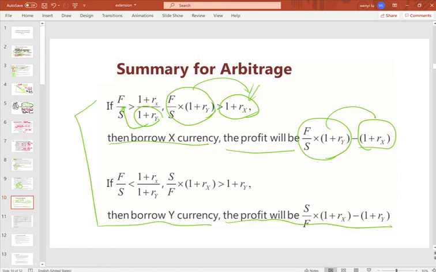You borrow money from the low interest country, then lend the money out to the high interest rate country. So that means there are arbitrage opportunities. You borrow at low interest and lend at high interest at the same time, simultaneously, without using your own money.